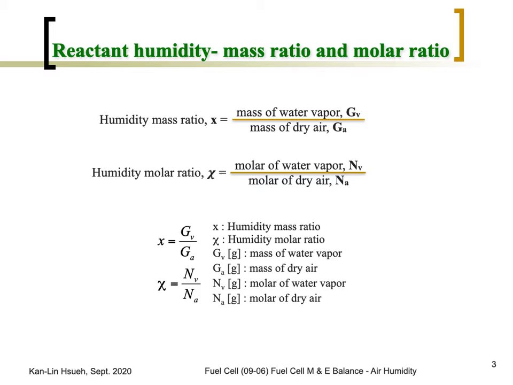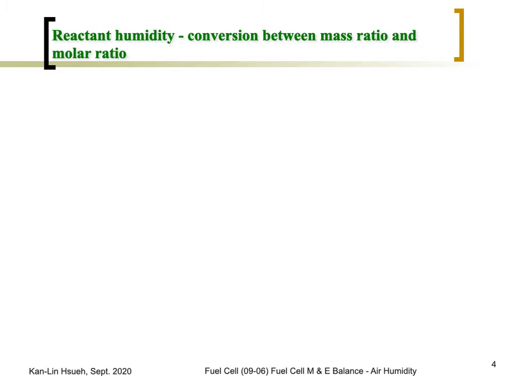So in the calculation, using dry air is easier because it stays constant during the humidification process. So X and Xi can be converted to each other easily.